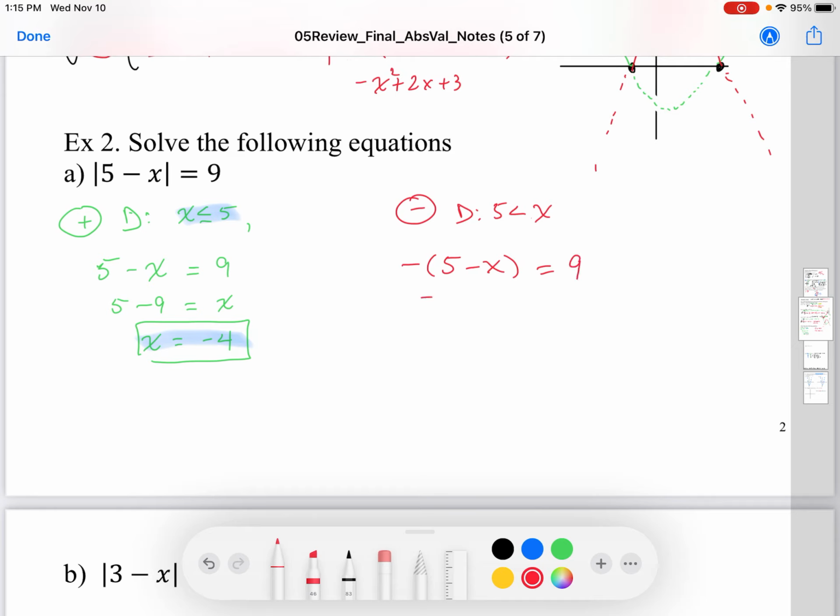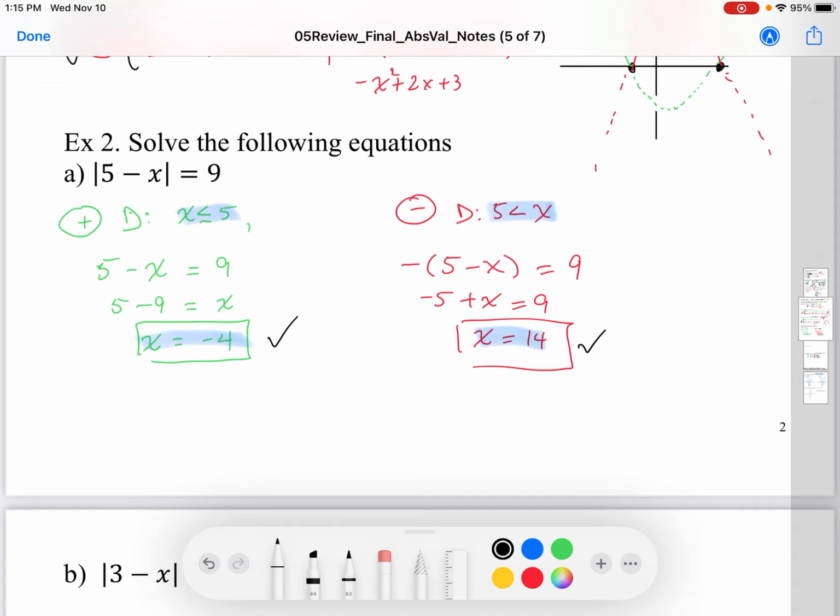And I can solve this equation. I'm going to add 5 to both sides, and I get x equals 14. Okay? And that is the negative version, and I can check for extraneous solutions by testing that solution on the domain. That solution fits in that domain, so that's a good solution. Okay, so these are both good. These answers are both valid solutions.